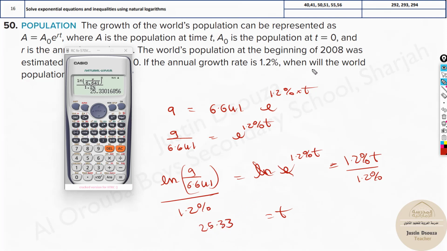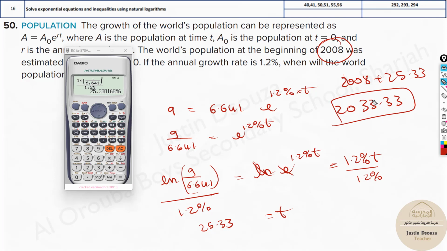But here they're asking which year will the world population reach 9 billion, isn't it? We know 2008 was the initial population. So we need to add 25.33 years to 2008. 25 plus 8 is 33, so 2033.33.